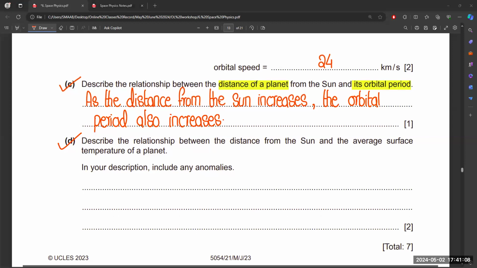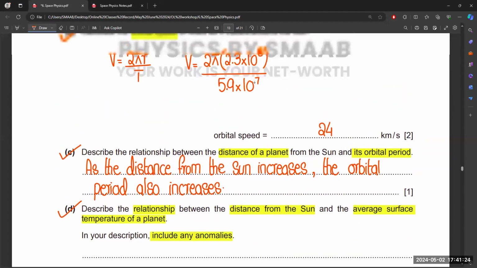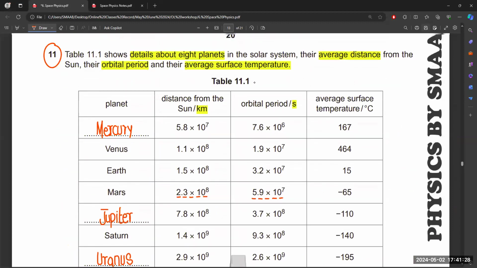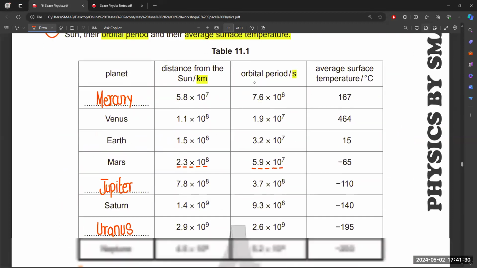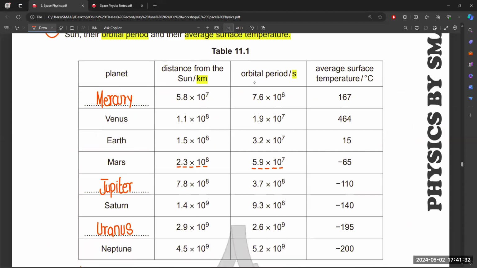In part D, describe the relationship between the distance from the sun and the average surface temperature of a planet. Because in our table, temperature is already given, right? So if we compare distance with their average surface temperature, these are all the values with their temperature.